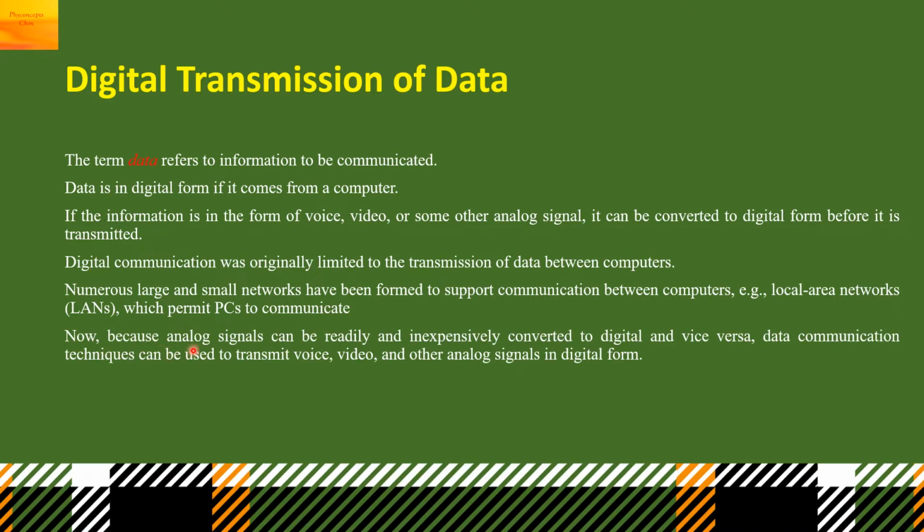Now, because analog signals can be readily and inexpensively converted to digital and vice versa, data communication techniques can be used to transmit voice, video, and other analog signals in digital form. Most communication today is accomplished with digital techniques.